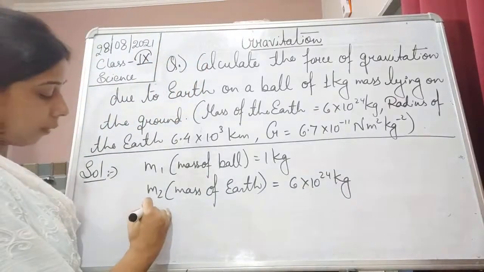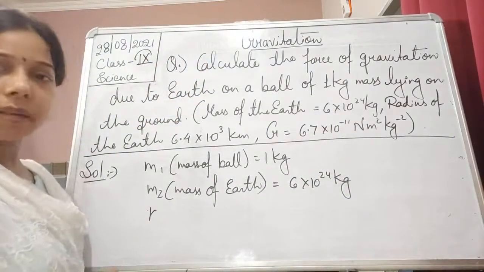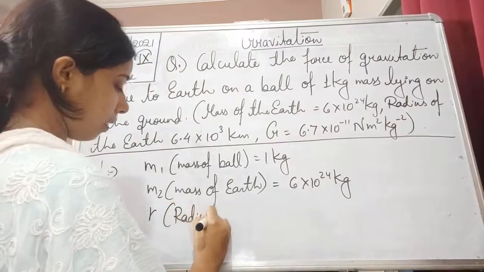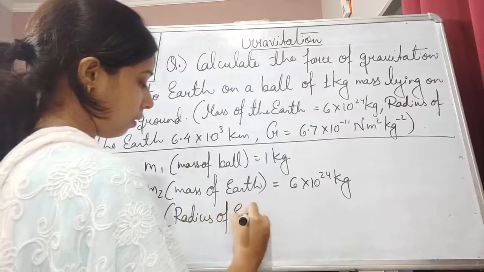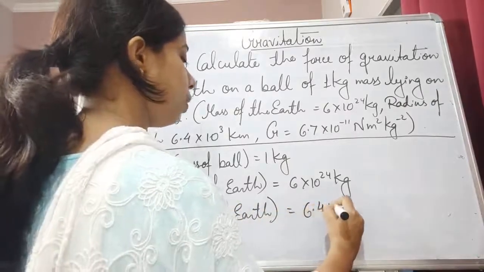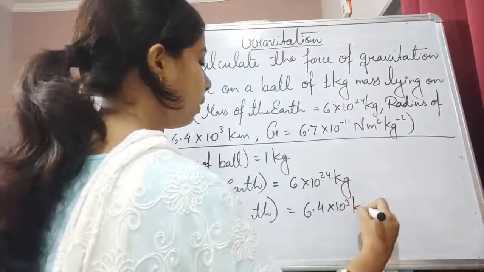Then the radius is represented by small r only. Here, the radius of the earth is given, and this is equal to 6.4 into 10 to the power 3 kilometer.